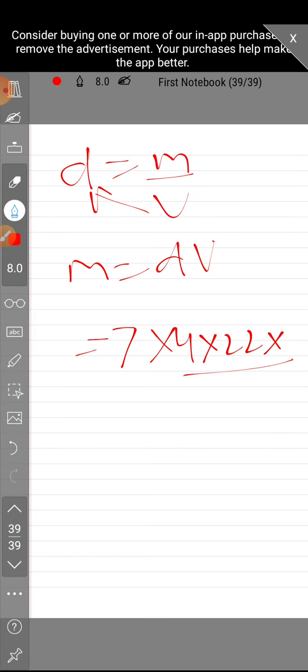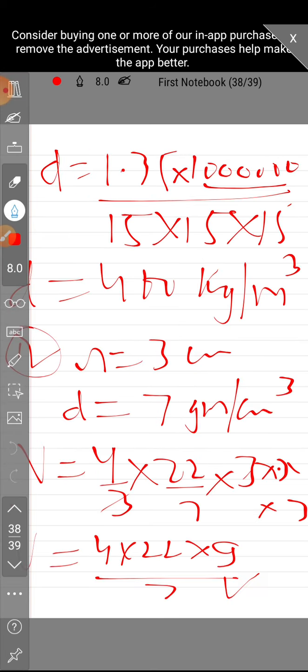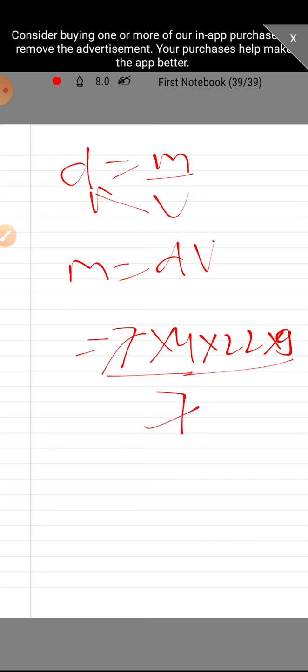In the division, we can see what we had, upon 7 was there. So I will write 7 into 9 and upon we had 7. 7 will get cancelled. So on multiplying we get mass as, when we multiply this whole thing we get 792 gram. GM stands for gram.